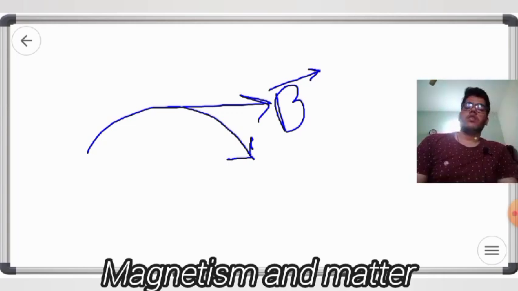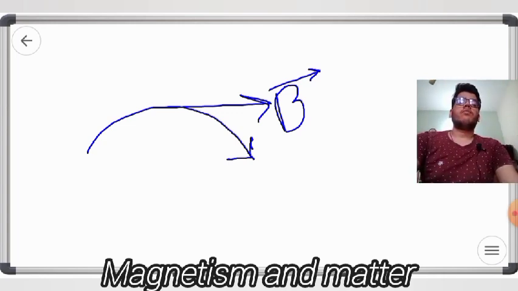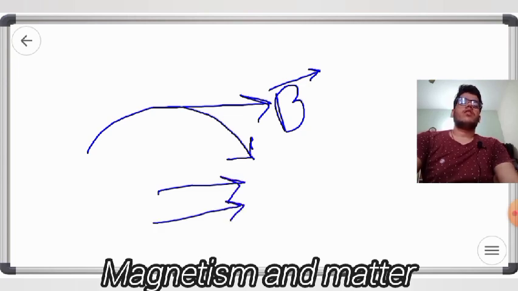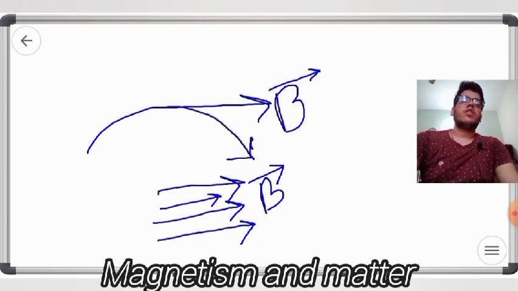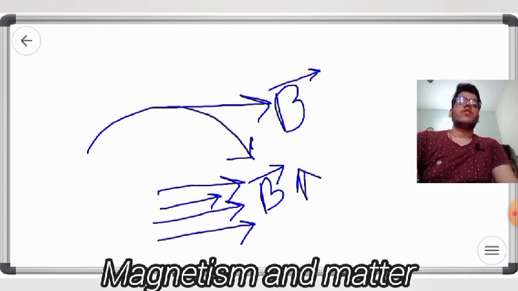Next, the number of lines of force per unit area shows us the density or the magnitude of magnetic field intensity. So the more magnetic lines of force, the more the magnetic field intensity or its magnitude.